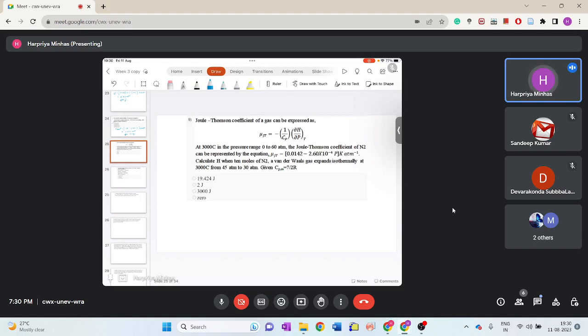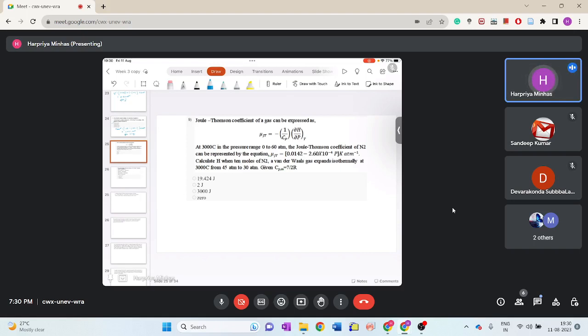So we have given this Joule-Thomson coefficient over here, and at 3000 degrees Celsius in the pressure range of 0 to 68 atm, the Joule-Thomson coefficient of nitrogen can be represented by the equation.